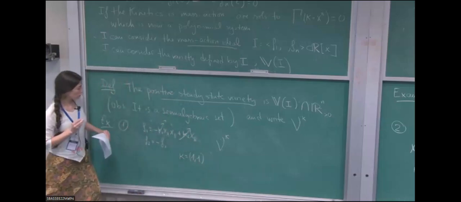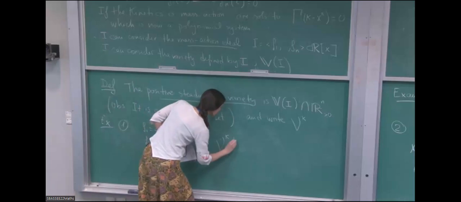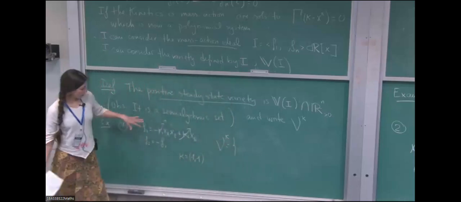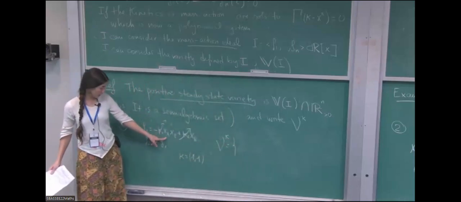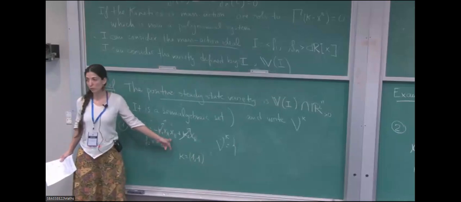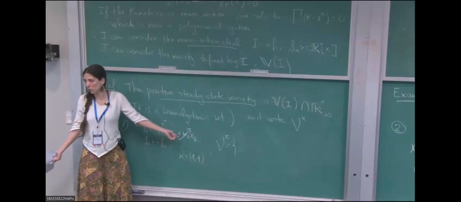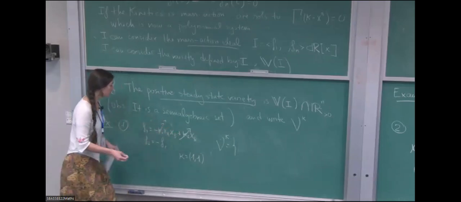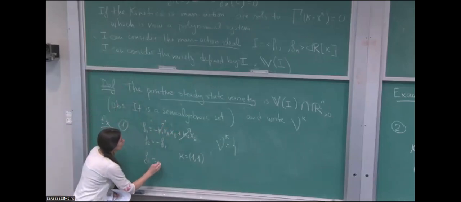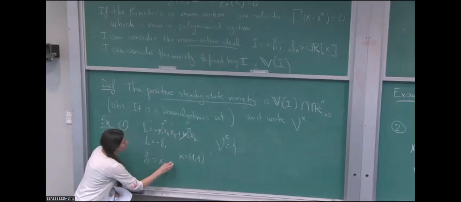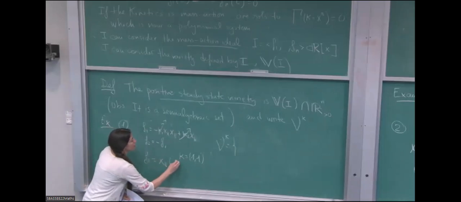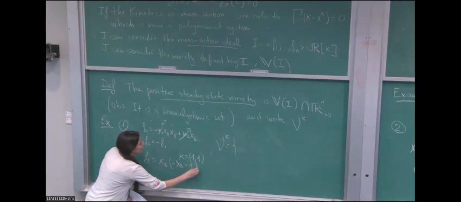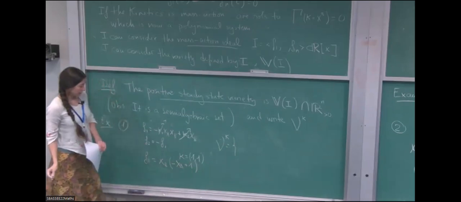So for 1 and 1, this would be the set of all xa and xb where, well, either xa, xb, 0, but I don't care about the solutions that are 0. So I can factor this out. And then I have minus xa plus 1.